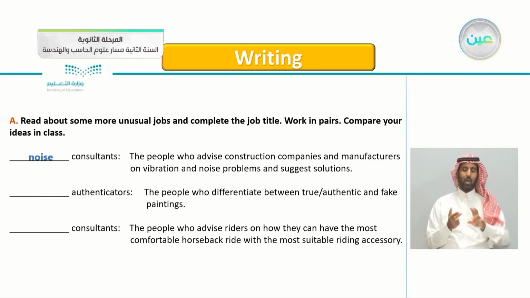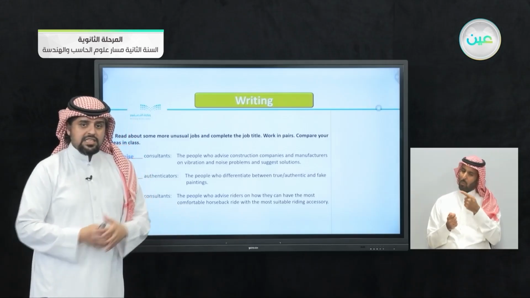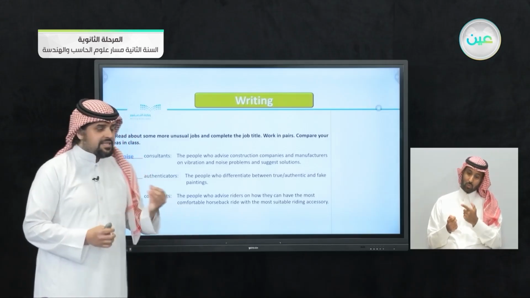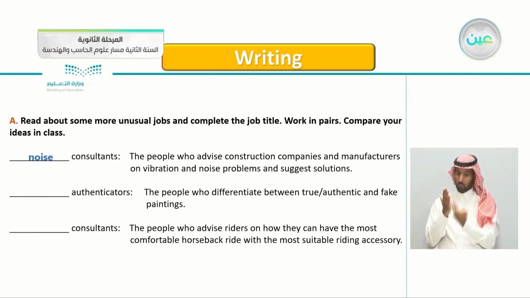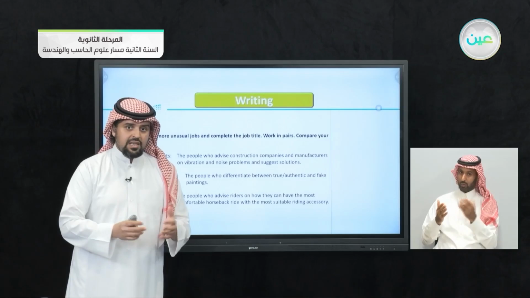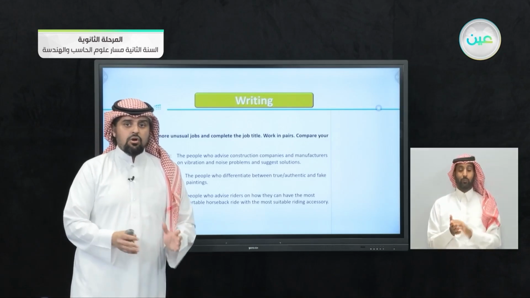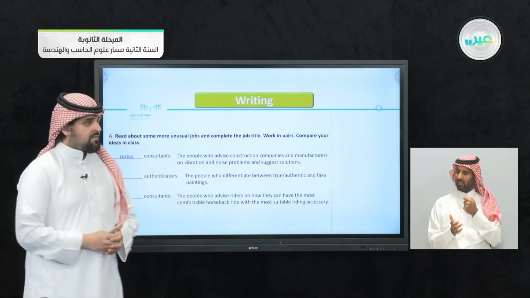Number two, authenticators. To authenticate something is to check whether it's original or not. Is it authentic or not? Hence this name, authenticators. The people who differentiate between true or authentic and fake paintings. So they work with paintings to check if the painting is original, is authentic, is true, or is it a fake painting.